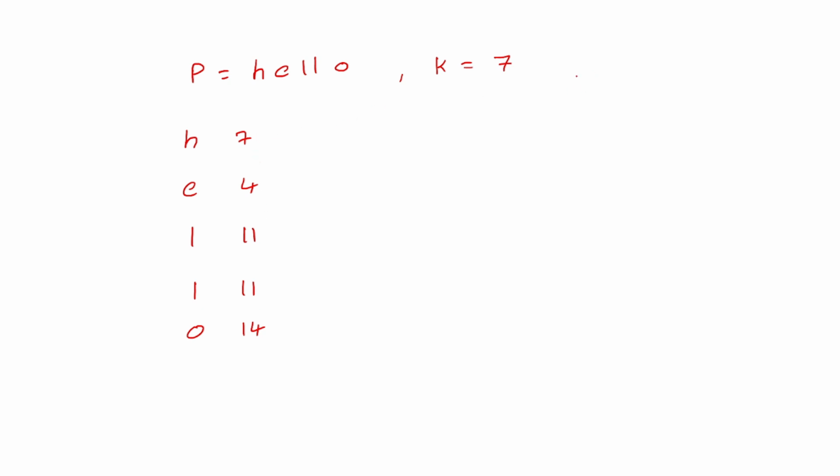So how do we get these values? We need to assign numbers to the alphabets: A, B, C, D and so on, as 0, 1, 2, 3, 4 and so on, up to 25. From this table we get these values.